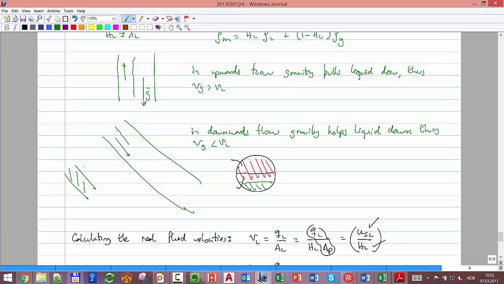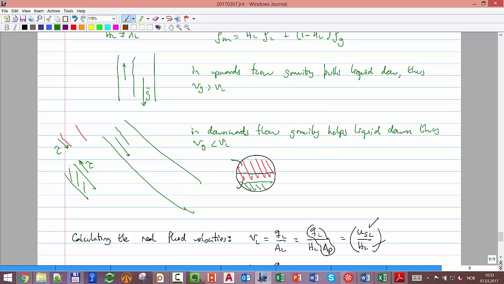The liquid phase will have a certain shear caused by the gas, a certain tau. And if I look at the gas, it will have a certain shear caused by the liquid. I have to include that shear, this tau, in the conservation equation.